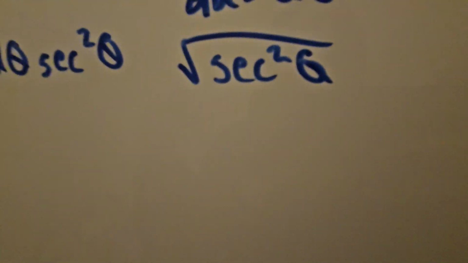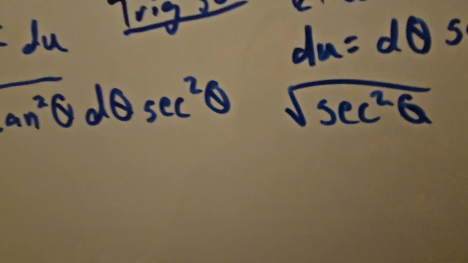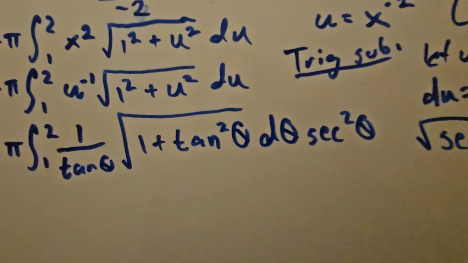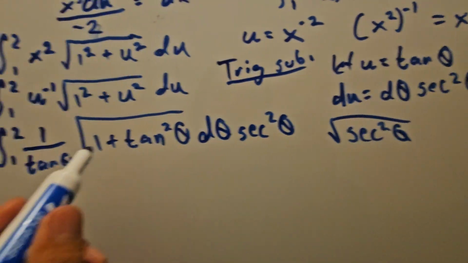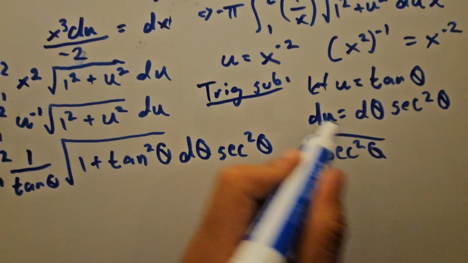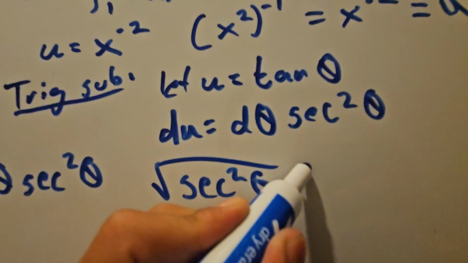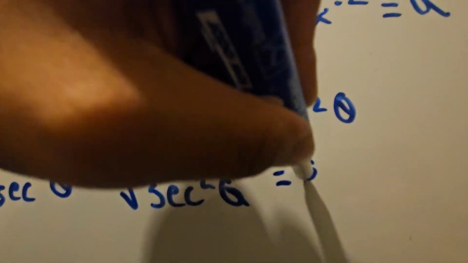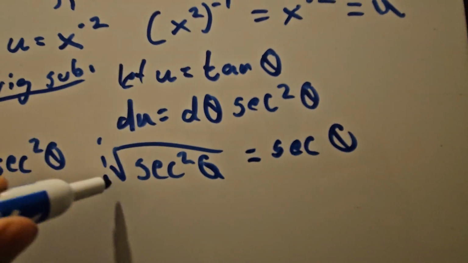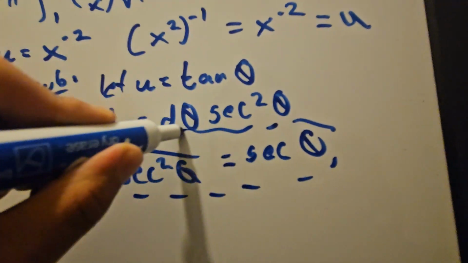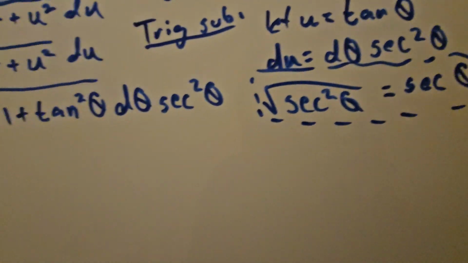You should pretty much have those memorized by now, and if you don't, please do it. So we have the square root of 1 plus tan squared theta, which is secant squared theta. The square root of that is just going to give us secant theta, right? Secant theta.